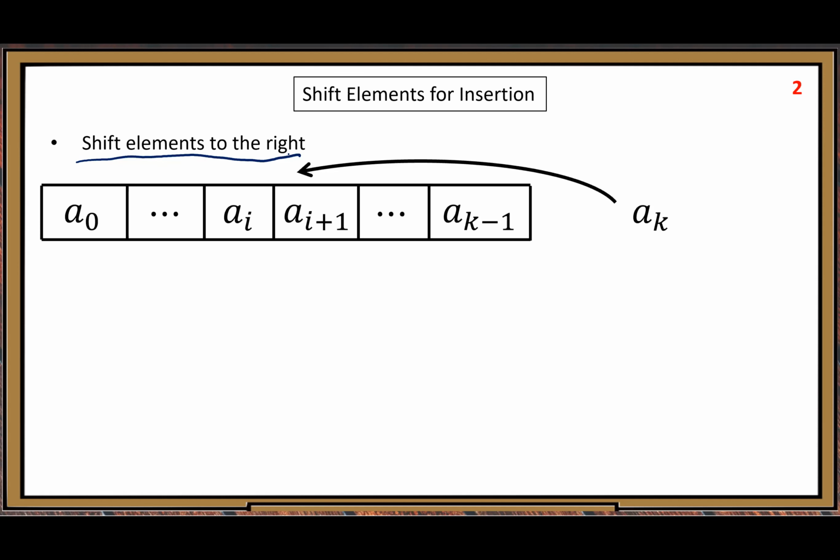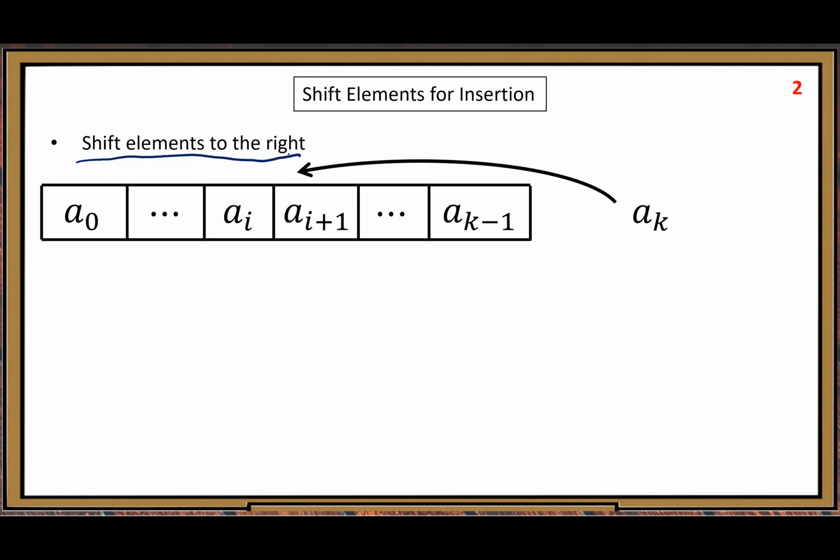Shift elements for insertion, using a diagram to visually understand the step. Shift elements to the right. How do we implement that insertion operation? This tells us how to implement it in some visual way. All right, so let me draw the diagram.